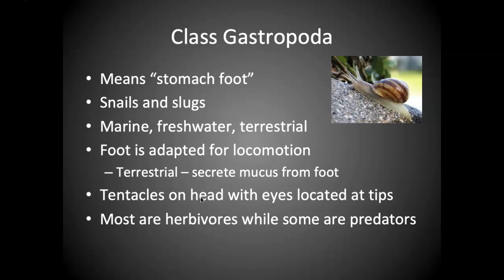This once again allows them to see things ahead and is going to be more advantageous than, if you remember, our flatworms that had just those eye spots. And then in this case, most of our gastropods are going to be herbivores. Some will be predators, but they usually will prey on other gastropods as well.